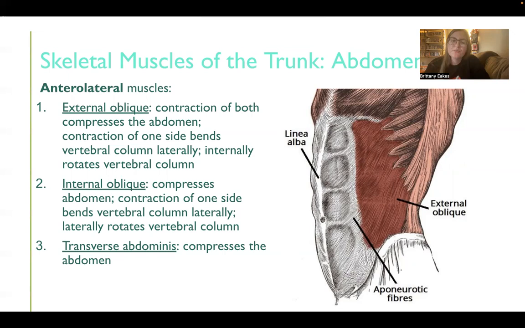Our internal obliques will also compress the abdomen. When you contract one side, it bends the vertebral column to the side and laterally rotates that vertebral column. Both of these are named for referencing oblique, meaning they're going to run at angles to the midline of the body. And then we have the transverse abdominis, which will compress the abdomen.